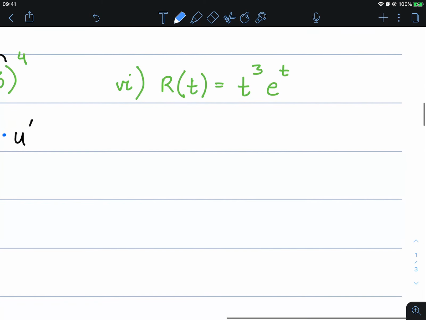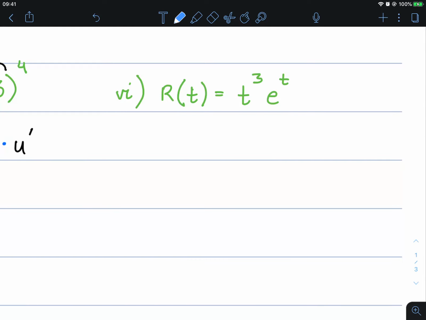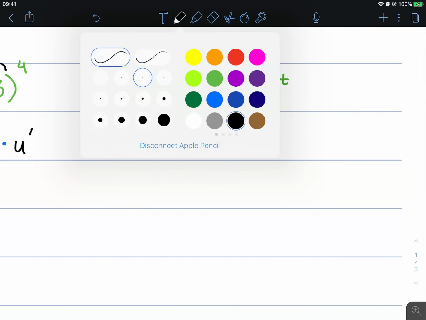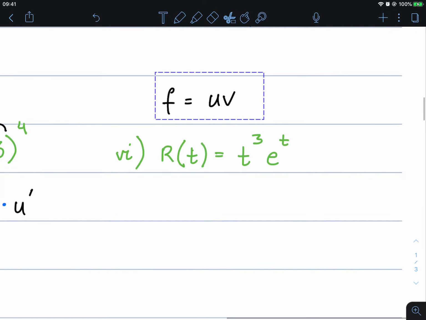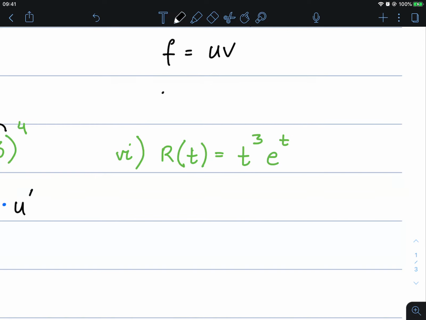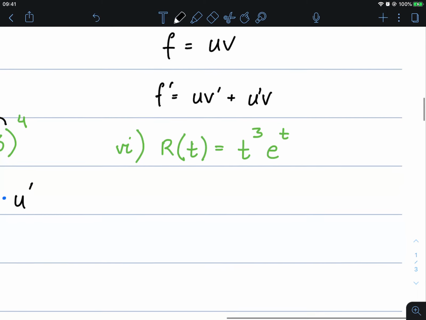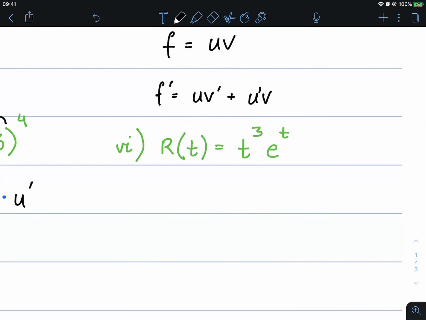Here's where it gets slightly trickier. For this, we need the product rule. In case you've forgotten, here's the product rule. If you have f equal to u times v, the derivative of f is the first times the derivative of the second, plus the second times the derivative of the first. I'm going to do this in long form again as well.